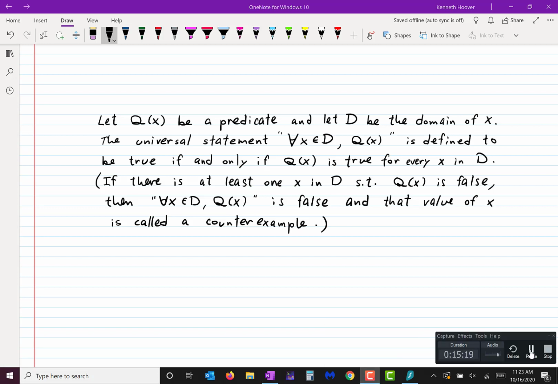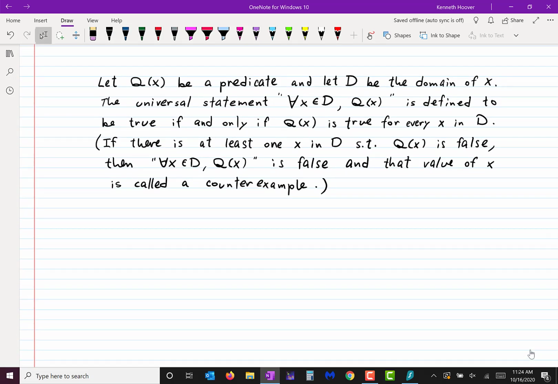So let's look at a couple of examples here. Okay, so let's suppose that D is the set containing 1, 2, 3, 4, 5. And let's look at this statement.